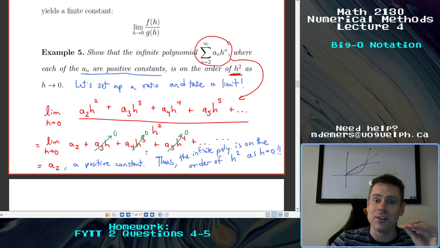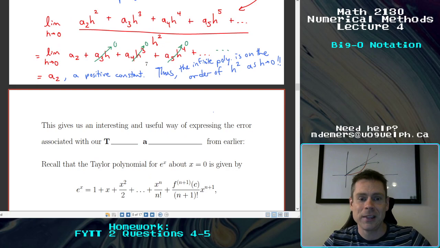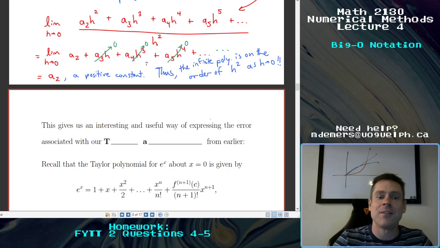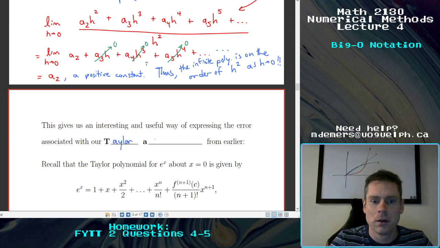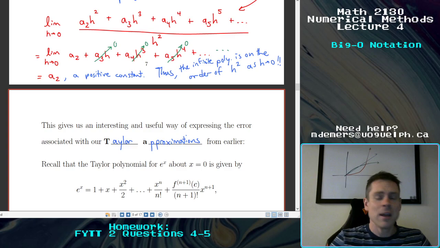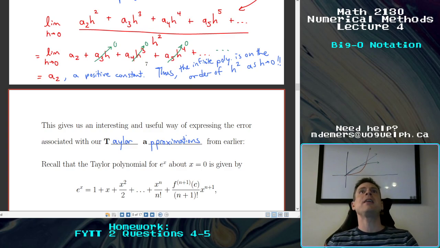And what this is going to do is give us a really interesting and useful way of expressing the error associated with our Taylor approximations from earlier. Because essentially, I want you to think about it, right? There are a couple ways to do it.